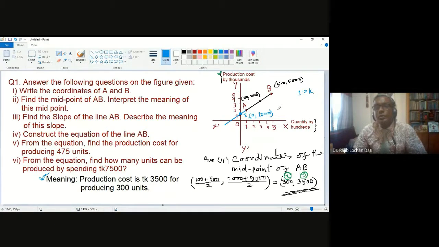You are not producing any unit, but the total cost is 1200 taka. Is this a mistake in the question or is this correct? Who else from BBA or economics? Sir, I am from economics.